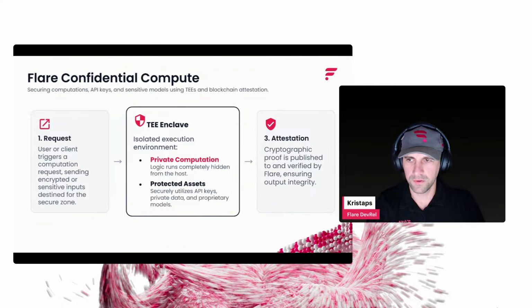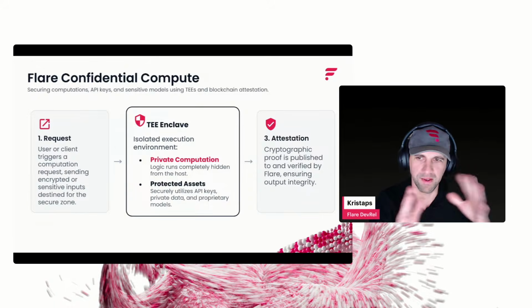So the user triggers some kind of computation and sends encrypted information, or sensitive inputs, to the place where it will be processed. So nothing sensitive or private will be written on chain.